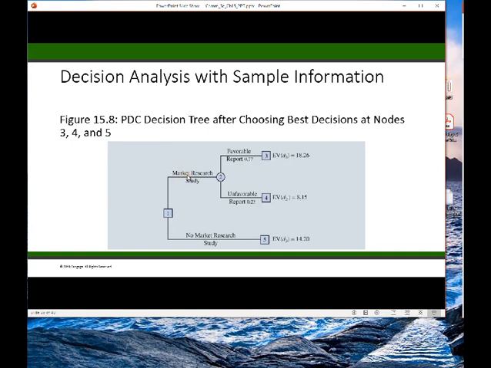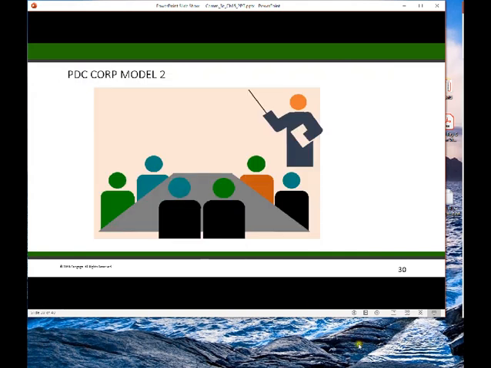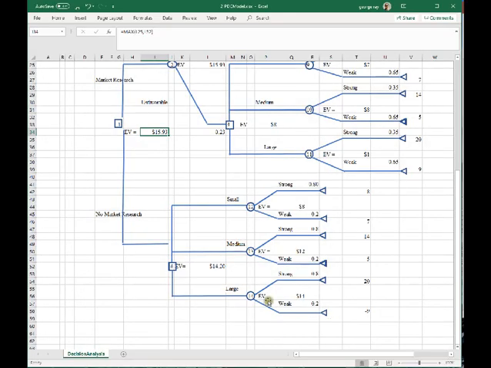Then we've collapsed it even one more level by taking the maximum and getting our expected values there, and then computing the expected values of the favorable report and the unfavorable report, and that'll eventually take us down to the point where we have a marketing research expected value and a no market research expected value, and then we can make a comparison. So let's return to our model.